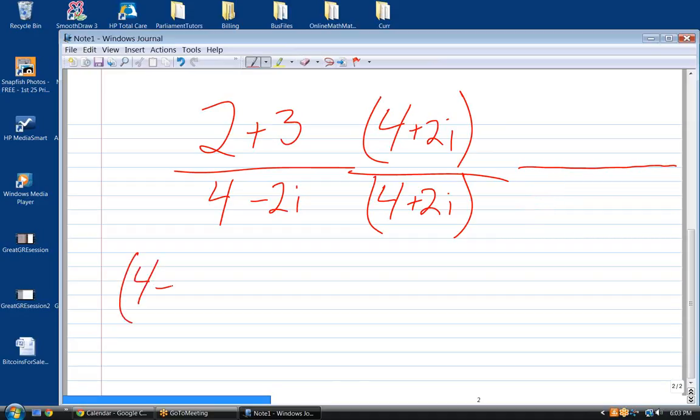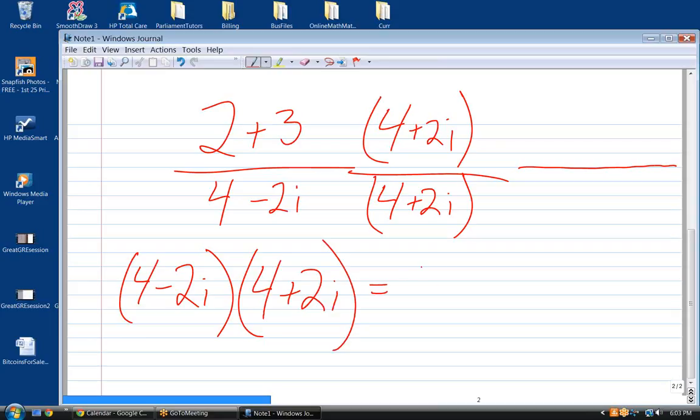Let's FOIL this. Okay, FOIL it. So it'd be 16 plus 8i minus 8i, but that cancels out.